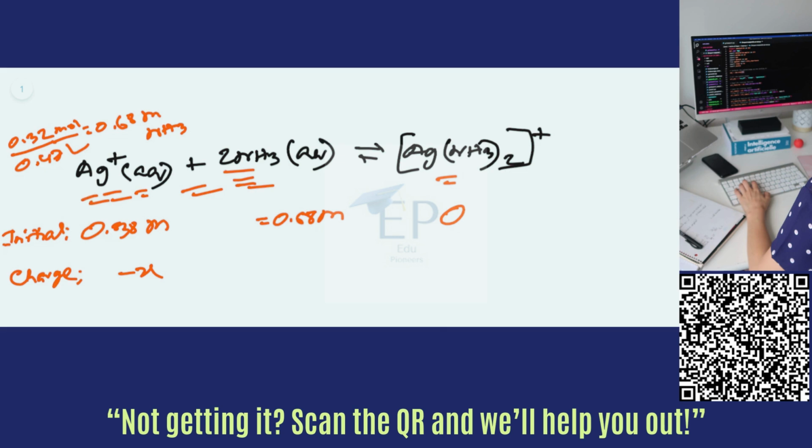That means we will lose 2x mole of ammonia, and we will have x mole of diamine silver complex formed.